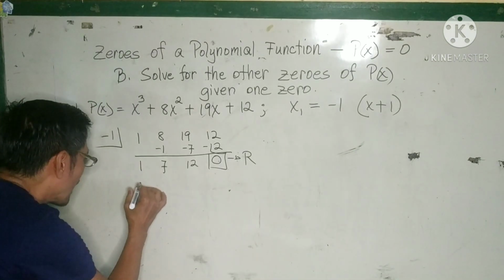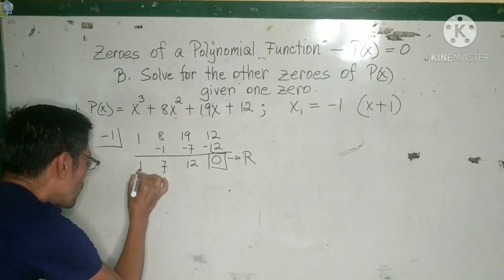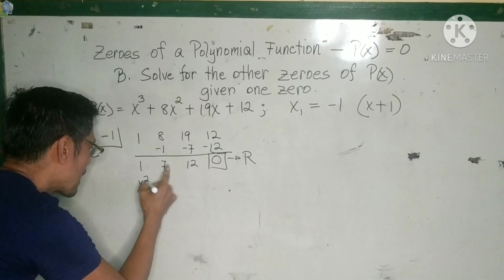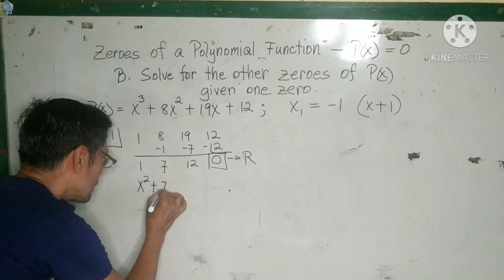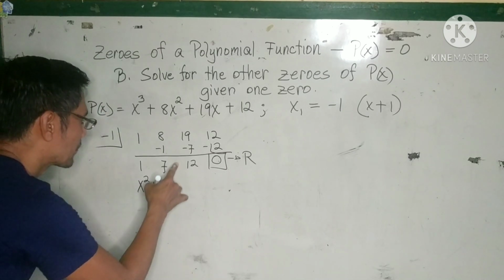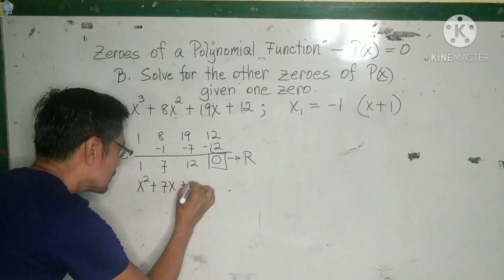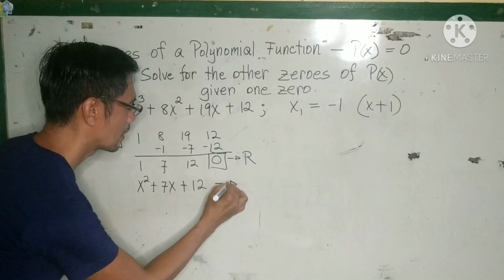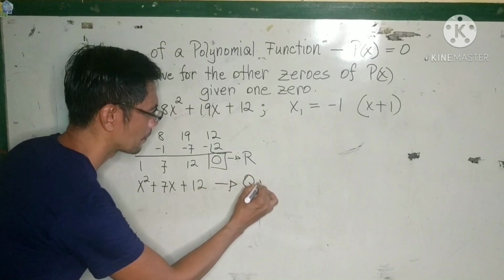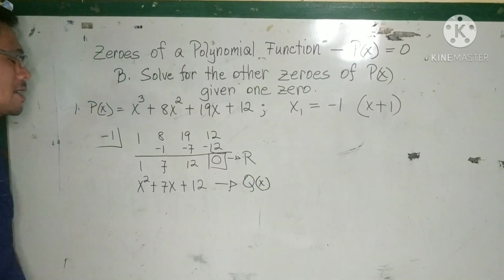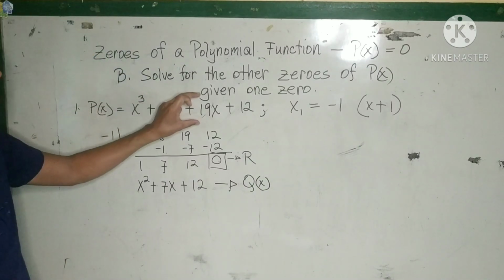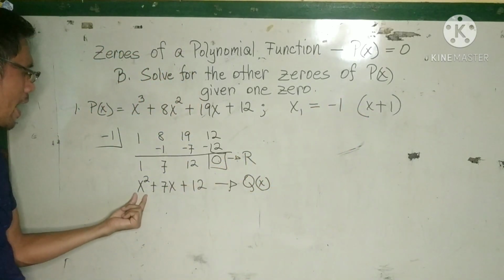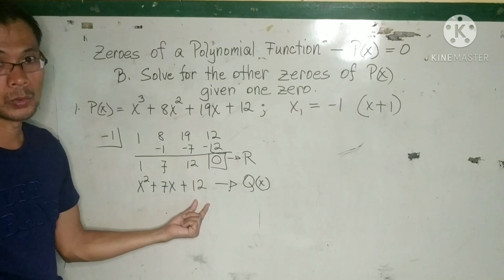So we have x squared, then positive 7x, then positive 12. So this is now the quotient. This is our p of x, and if it is divided by x plus 1, the quotient would be x squared plus 7x plus 12.